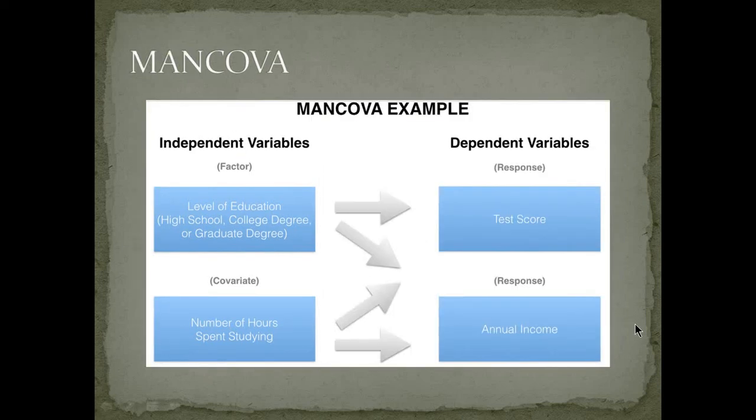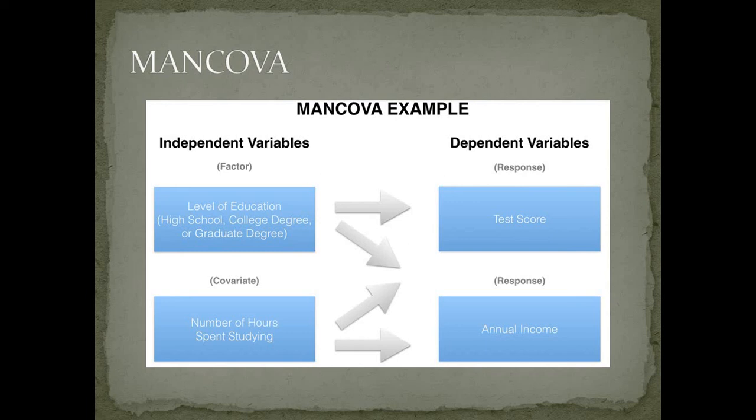What about MANCOVA? Well, MANCOVA handles such kind of situations. As you can see, we have pretty much the same situation as we have seen earlier. There are two independent variables. The first has three categories: high school, college degree, and graduate degree. And the second independent variable is hours of study.